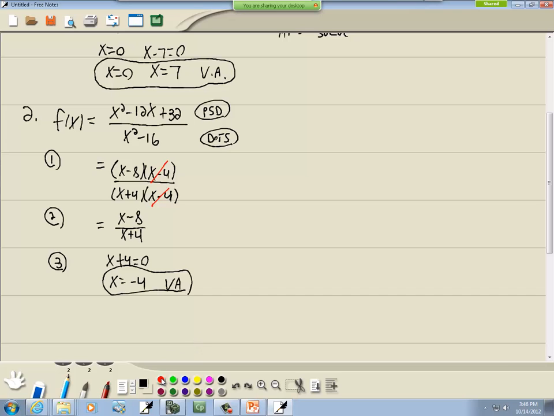Now just for fun, let's graph it and see what it looks like. So parentheses on top, parentheses on the bottom when we plug it in.